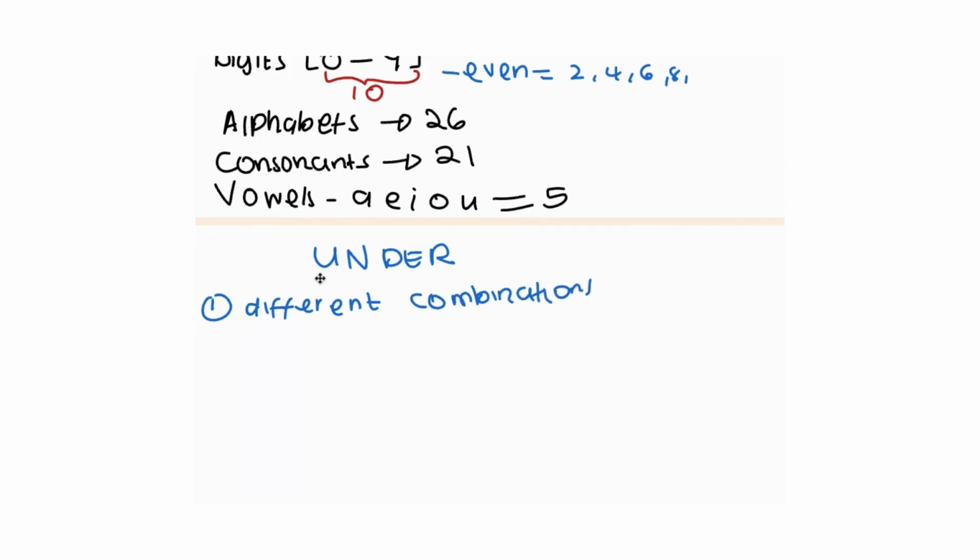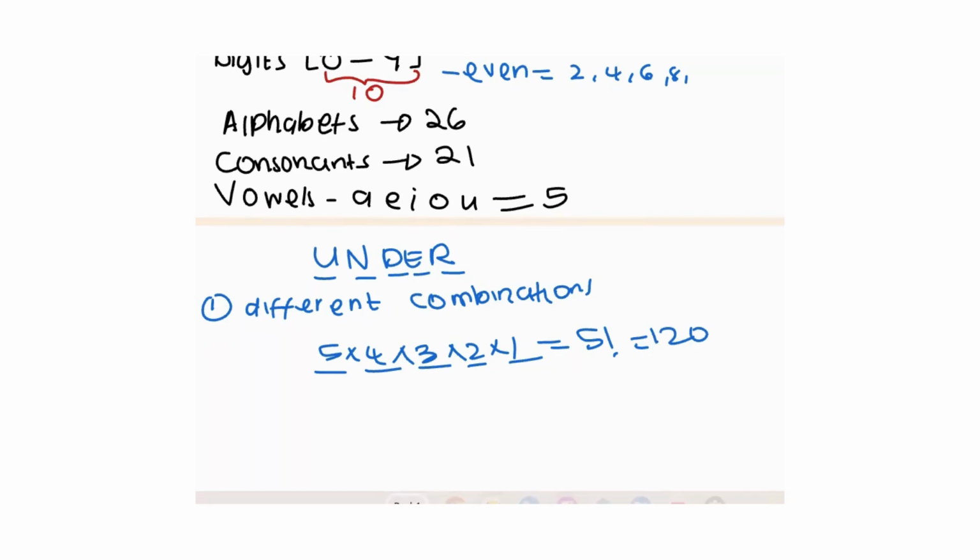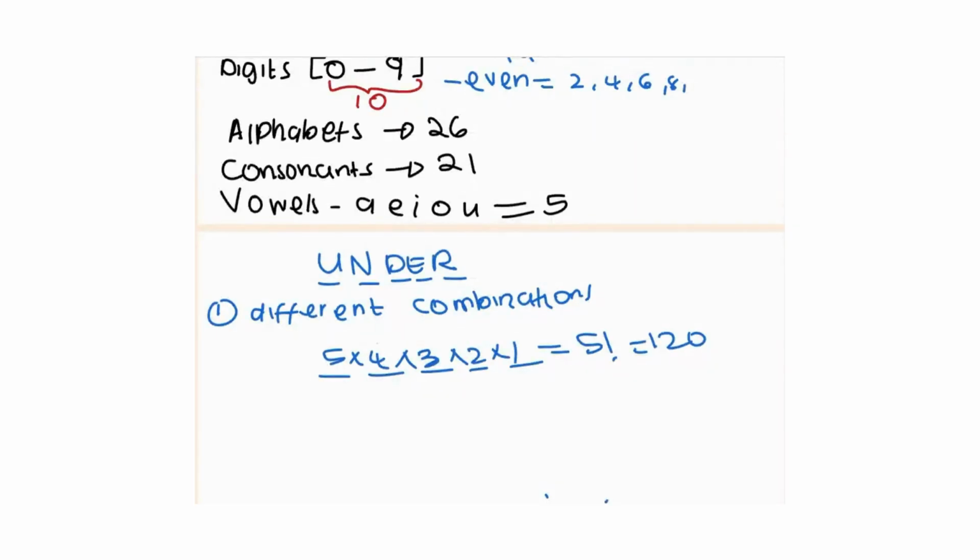How many letters do I have? 1, 2, 3, 4, 5. 5 times 4 times 3 times 2 times 1, which is 5 factorial, and 5 factorial is 120. So we have 120 different combinations.